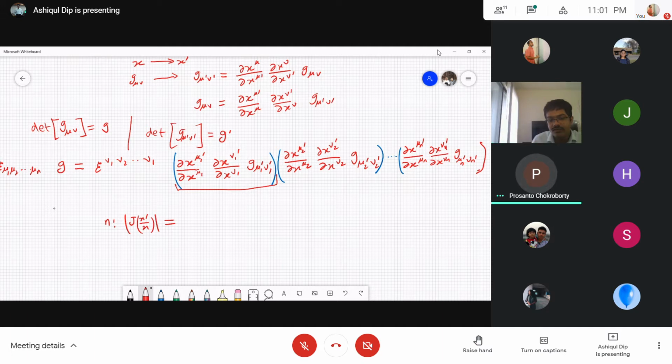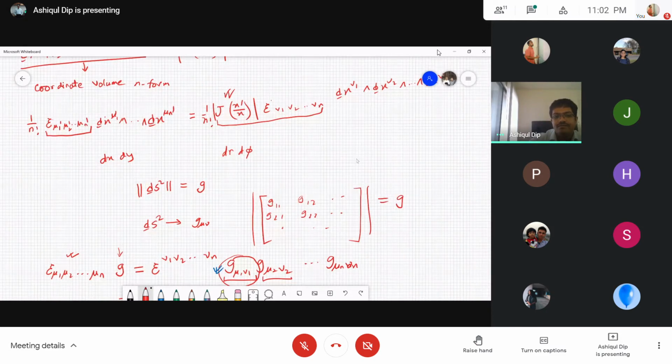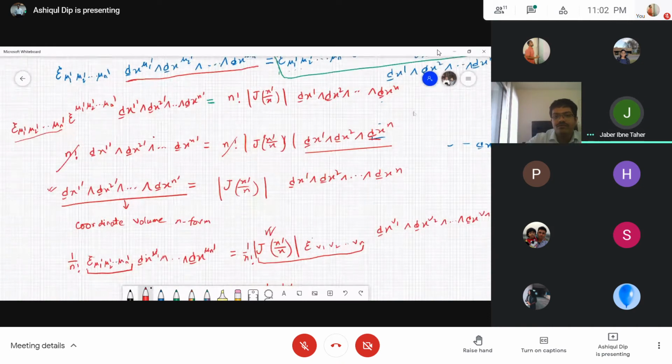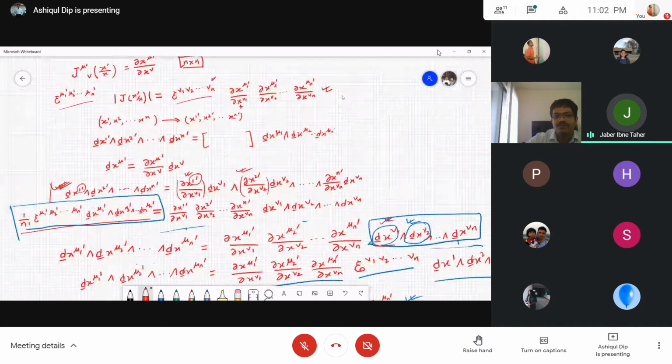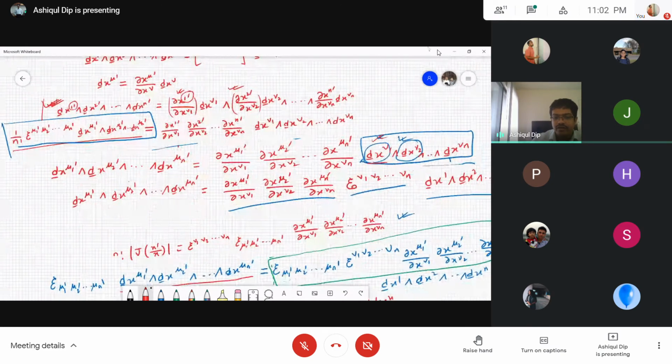It wasn't Kronecker delta, it was something epsilon, E. We derived it somewhere. Here, this one.